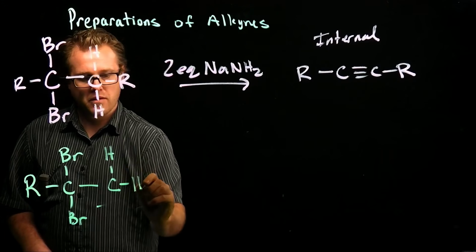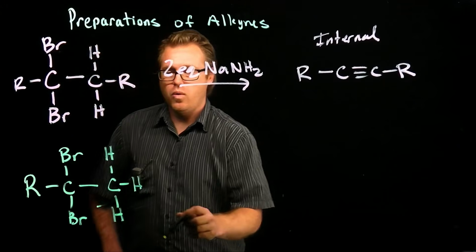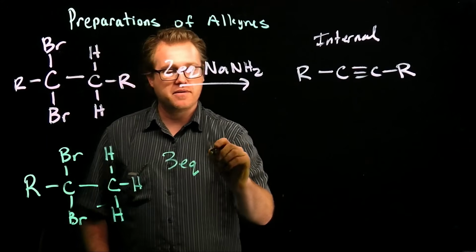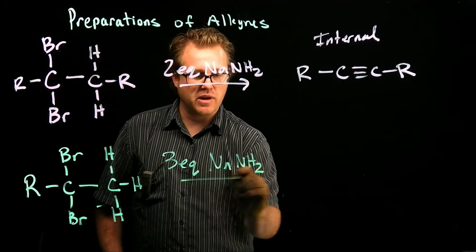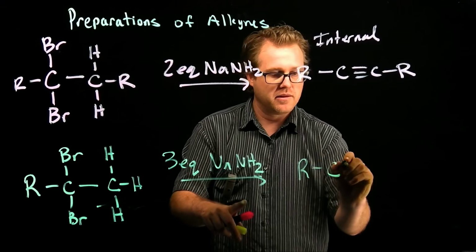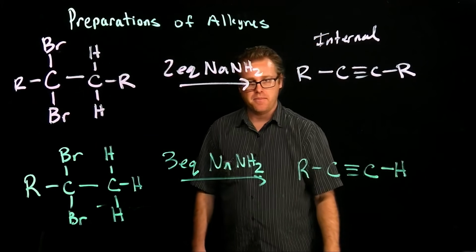But if you are making a terminal alkyne, so if our starting material would look like this, all right, what you're going to have to do is add 3 equivalents of sodium amide. Because what's going to happen? You're going to generate a terminal alkyne, right?